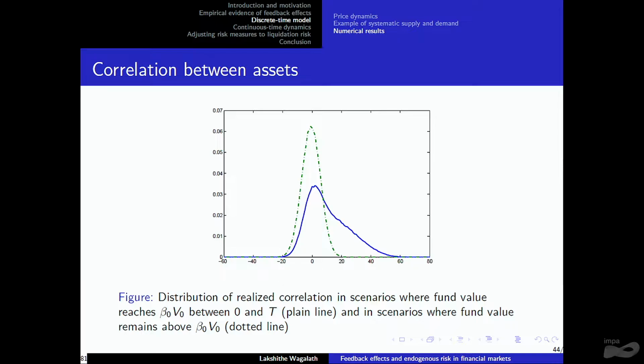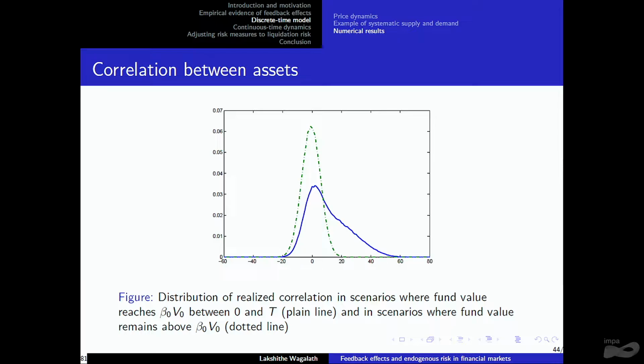So here you see that although the fund seems to have done a good diversifying job by finding two uncorrelated assets, the fact that it has to behave in a certain manner in bad scenarios is actually going to make those diversification effects disappear.